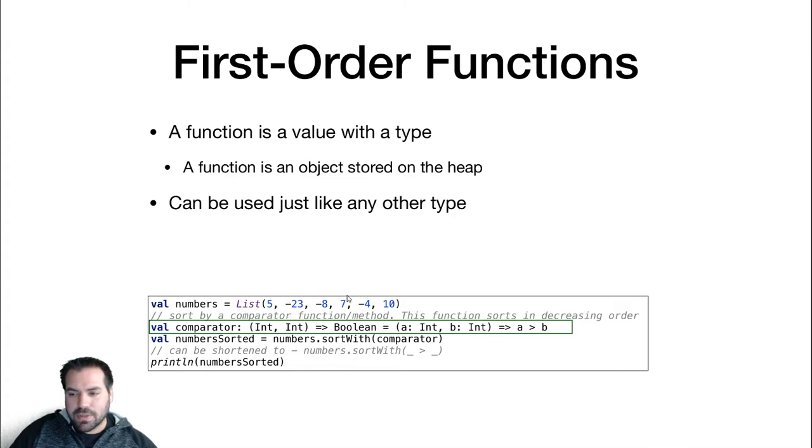Comparator does store a reference. Yep. So this puts this function definition on the heap, returns a reference to that function, and that reference is stored in comparator. So when we say sorts with comparator, this doesn't create a copy of the value. Well, technically it does pass the value stored in comparator, but that value is a reference. So we're giving sort a reference to the function on the heap.